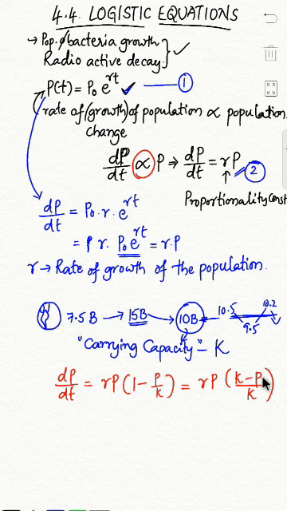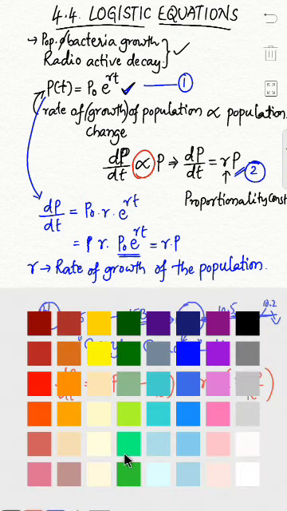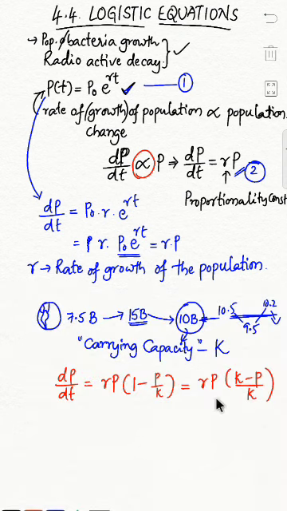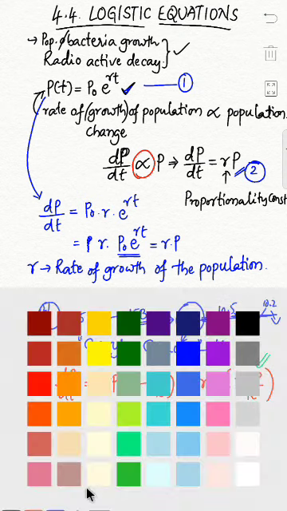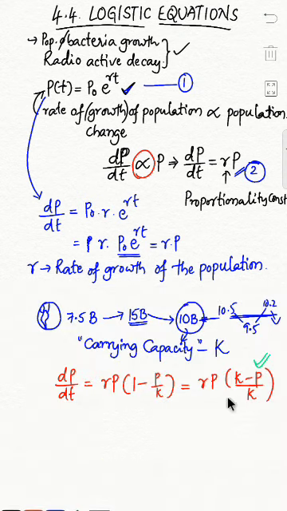For suppose our population P becomes the capital K, if P = K, then K - K is 0, so rP into 0 is nothing but 0.